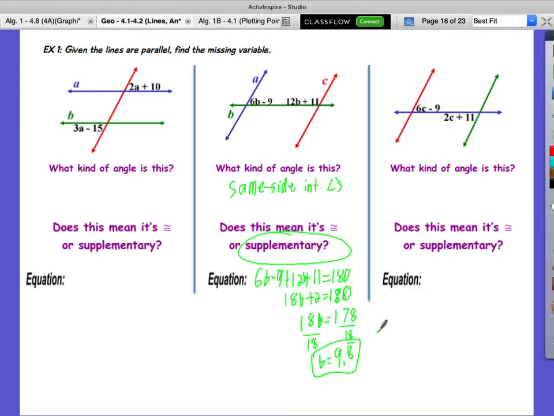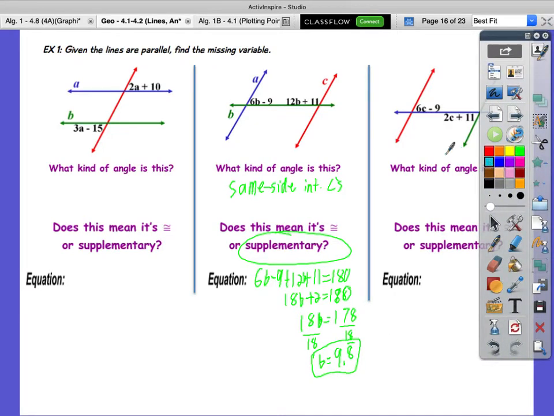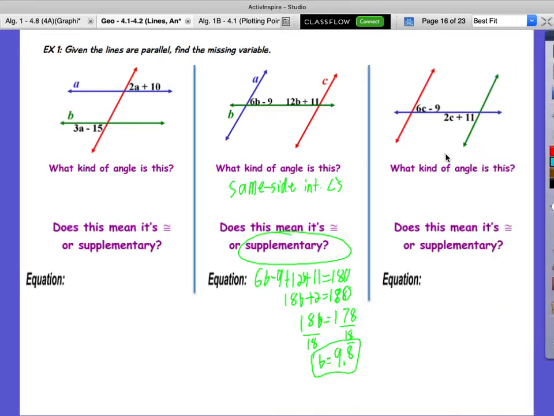On our third one here, okay? Rachel, what kind of angles were these? I know you did this homework. Consecutive.